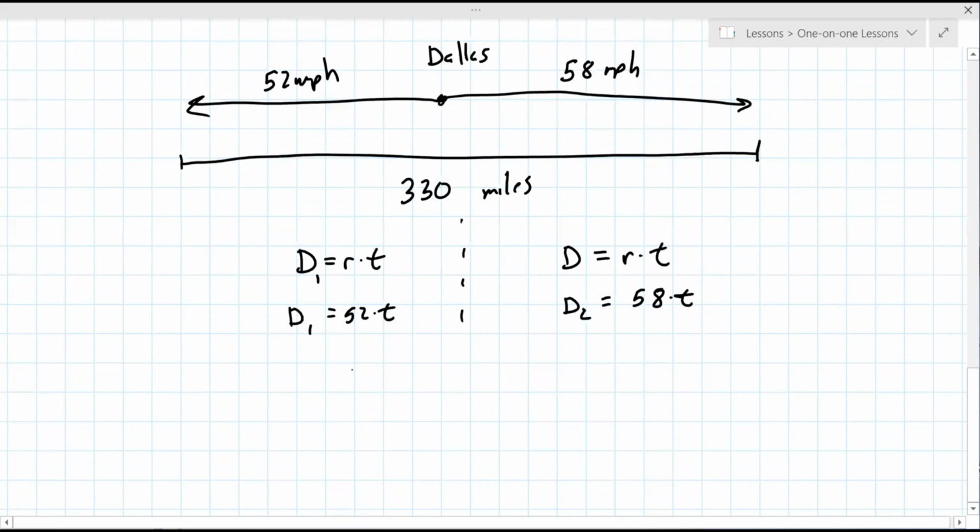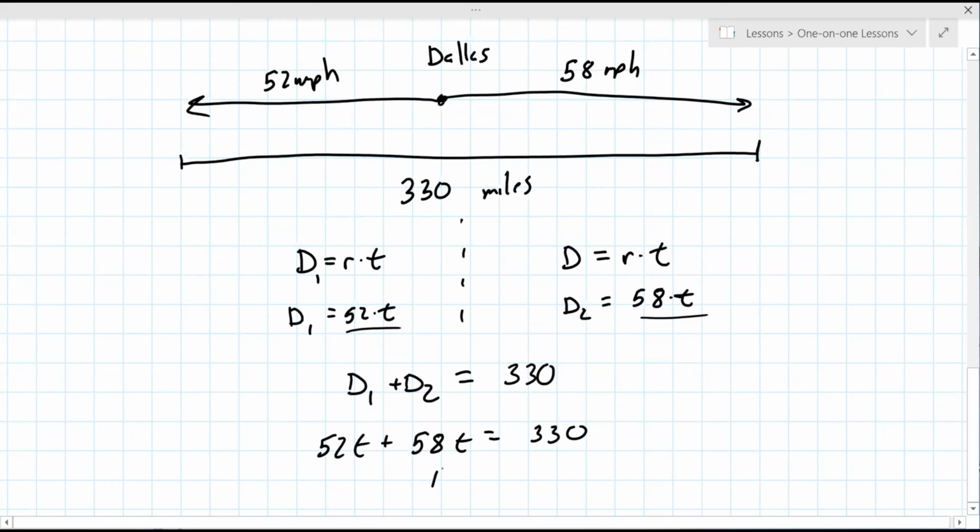What does d1 plus d2 have to add up to? It's given in the problem: how far apart they are, 330. So you substitute in: 52t plus 58t equals 330. You get 110t equals 330, so t equals 3 hours. And that's all it's asking for. Got it.